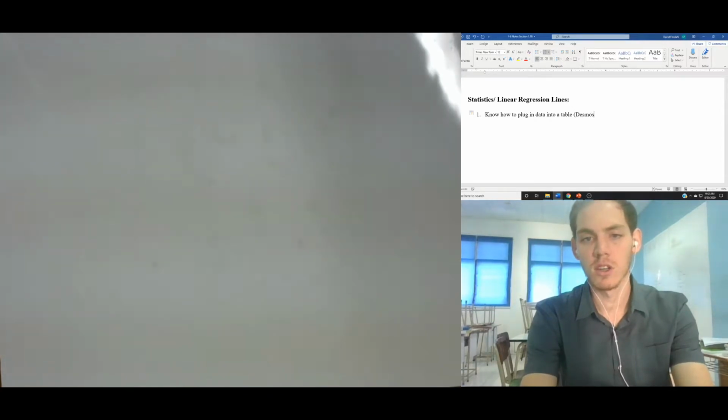You need to, one, know how to plug in data into a table, and this is on either Desmos or a scientific graphing calculator.